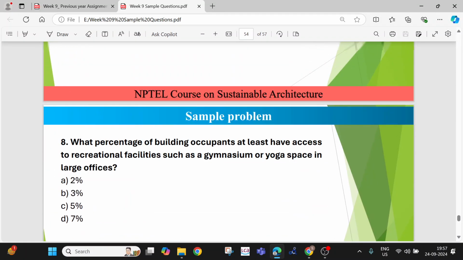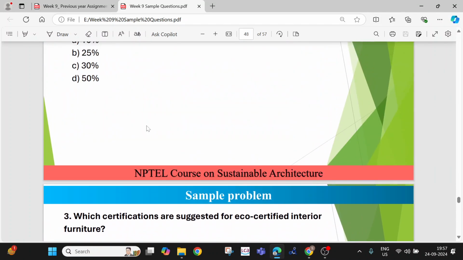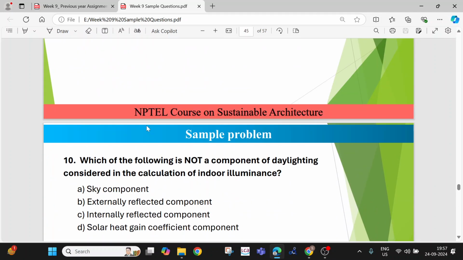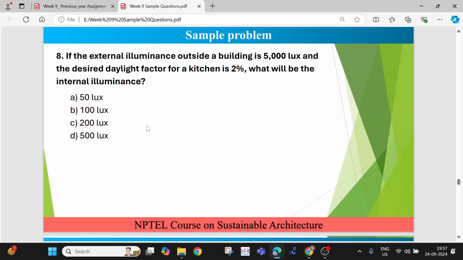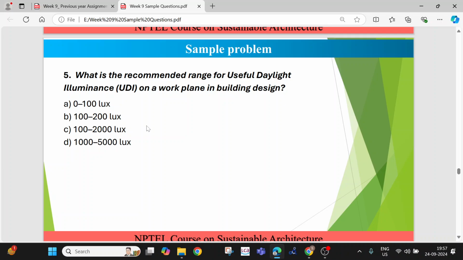Just now we have discussed, when you were mentioning it is from 100 to 2000 lux. Sir, as per the slide, it is related to UDI only. Yeah, it is UDI. Fine. That we discussed in sample problem 5 only. Isn't it? Yes, sir.